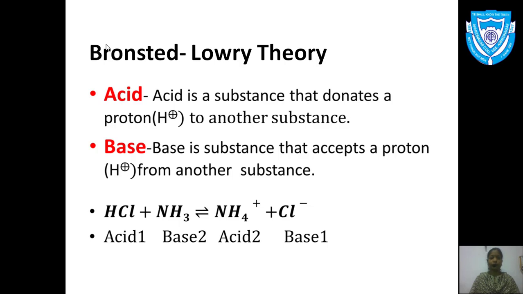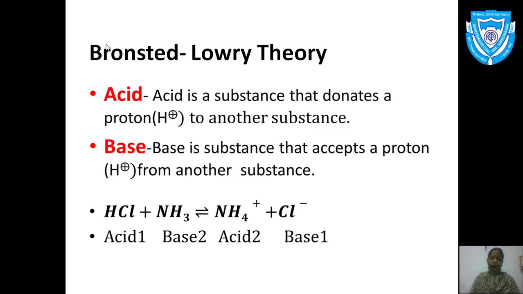An example here is HCl plus NH3, ammonia, which gives NH4 plus and Cl minus, the chloride ion. Here HCl donates its proton and acts as an acid, while ammonia accepts that proton and acts as a base. In doing so, they form NH4 plus and Cl minus.